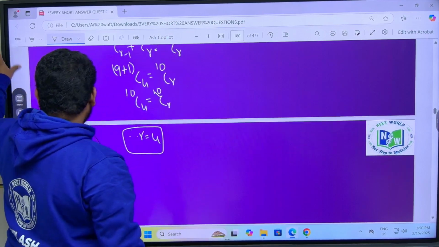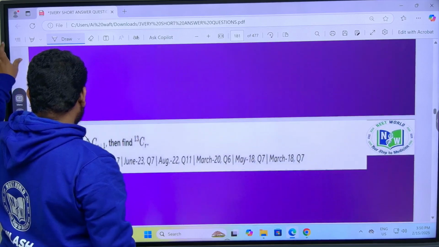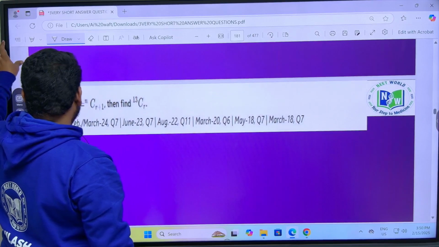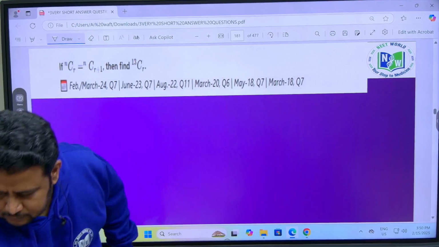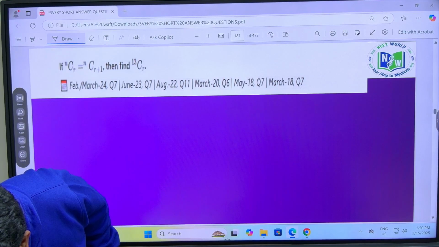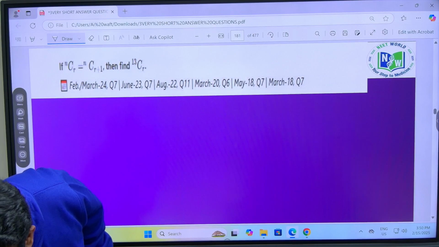Next question. Some more questions are there which are very important. Let us have a look at the question. nC5 is equal to nC6. Find 13Cn.